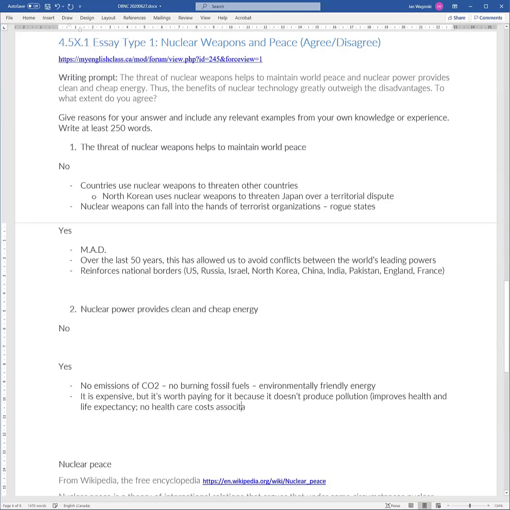We can say no residual effect on people's life. You would have to explain what that means. No healthcare costs associated with pollution, yeah. Okay.